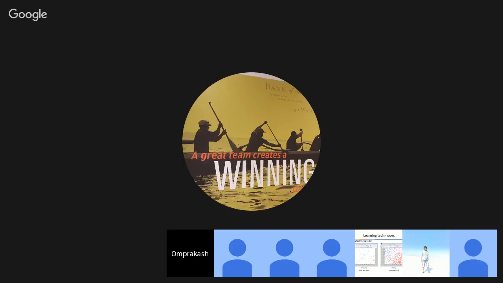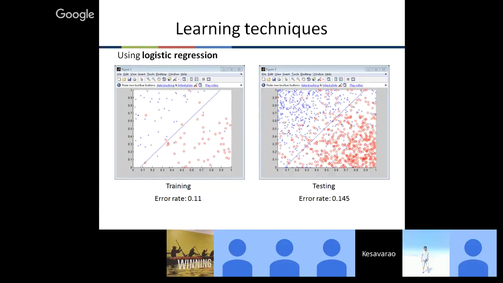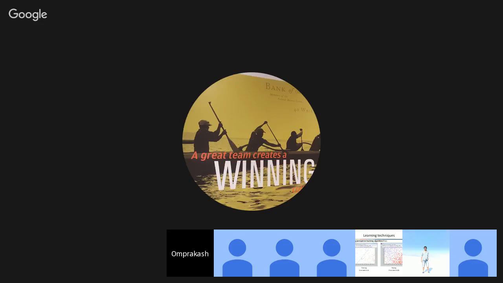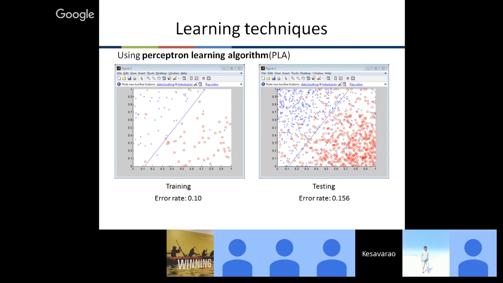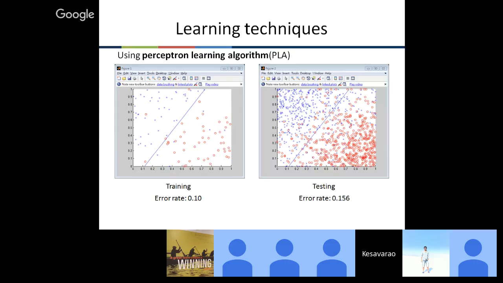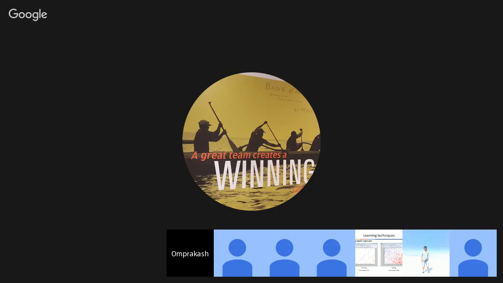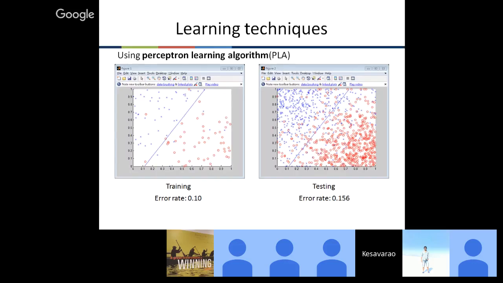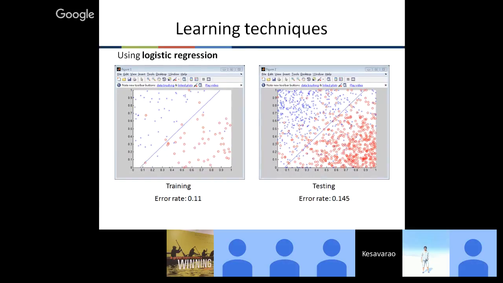I'm comparing within the testing data result. Within the testing data, the first one is higher, the second one is lower. And within the training data, the first one is lower, the second one is higher, right?